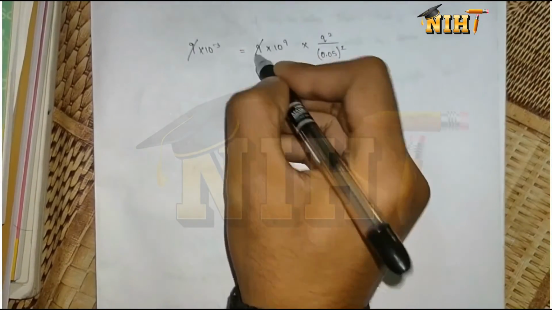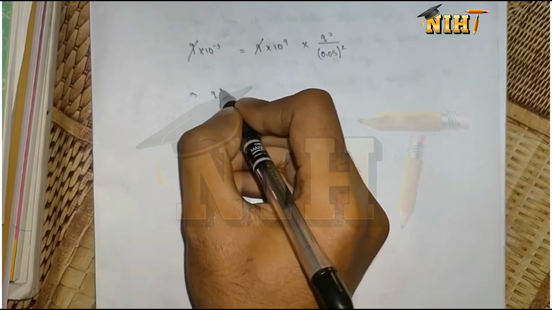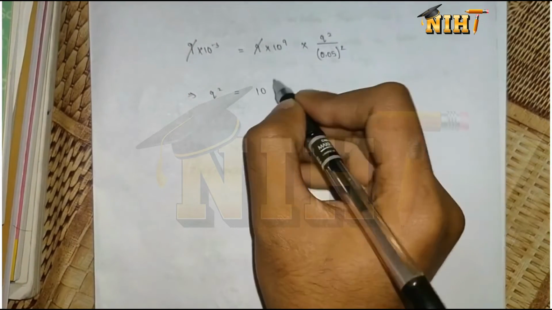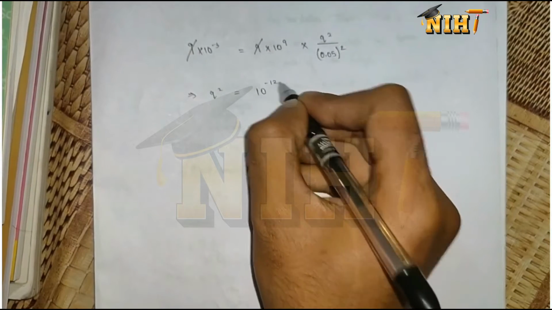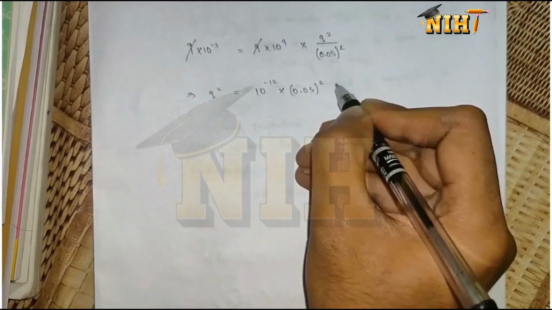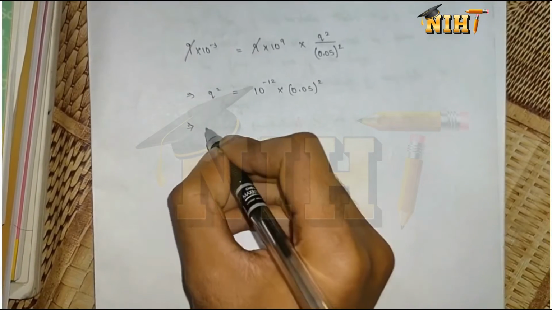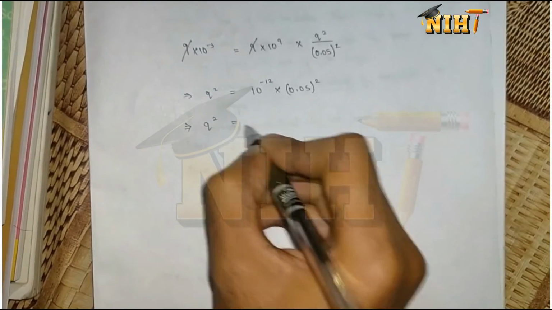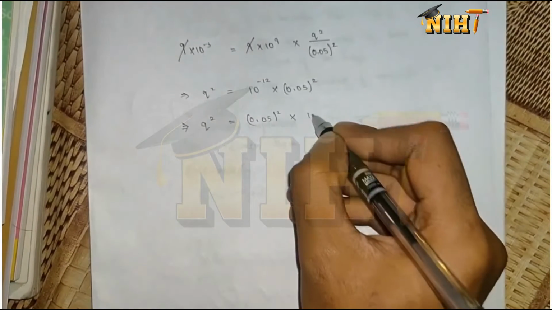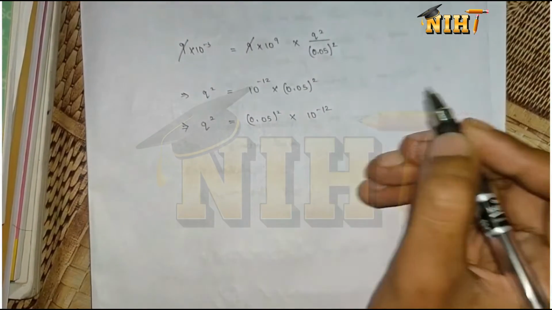We can cancel out this 9, and we get q squared equals 10 to the power minus 12 into 0.05 squared.